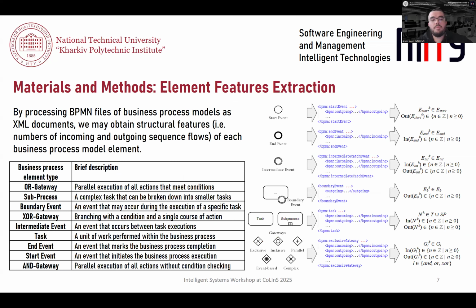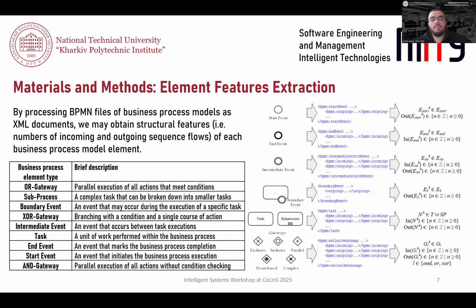By processing BPMN files of business process models as XML documents, we may obtain structural features or the numbers of incoming and outgoing sequence flows for each business process model element. Let us consider such process elements in BPMN as OR gateways, which demonstrate parallel executions of all actions that met conditions.